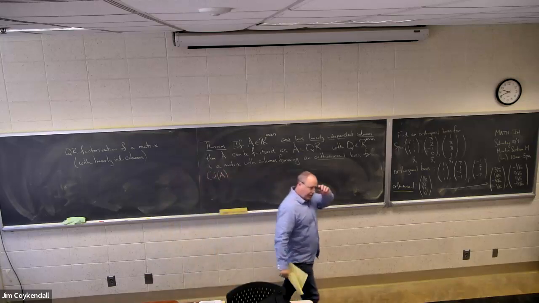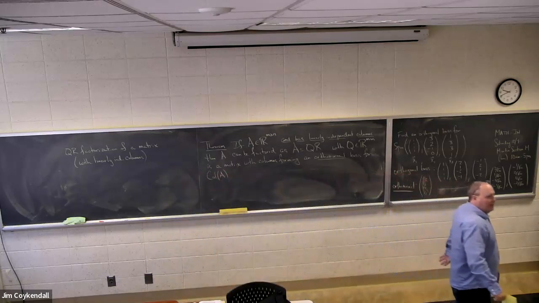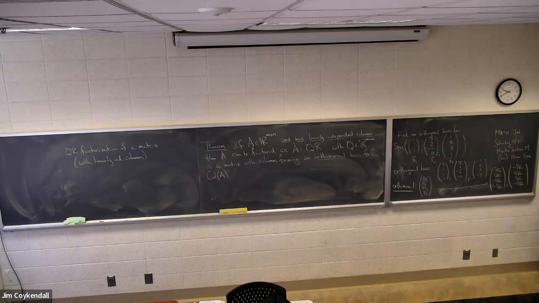This is the phrase that could catch you, right? Because if A doesn't have linearly independent columns, then the columns of the same size matrix can't form an orthonormal basis for it, right?